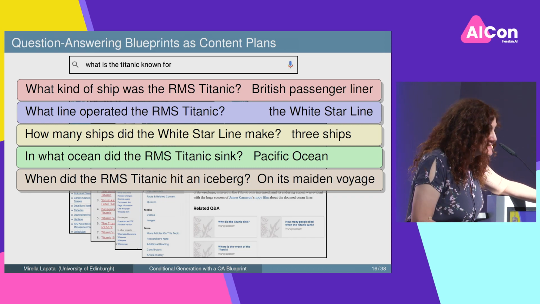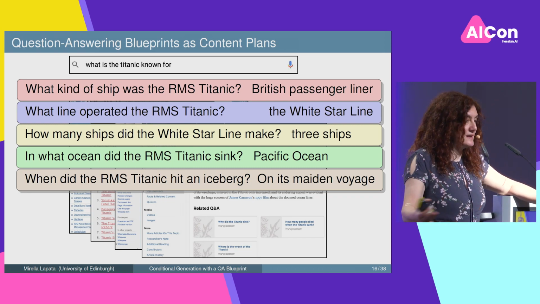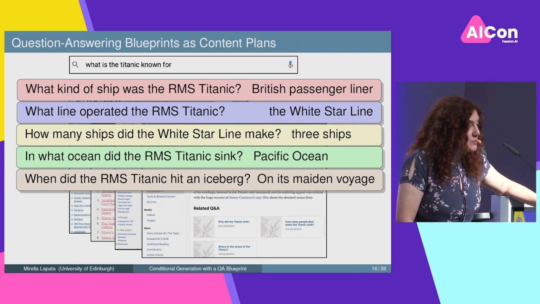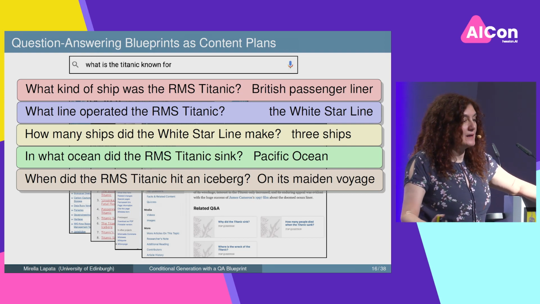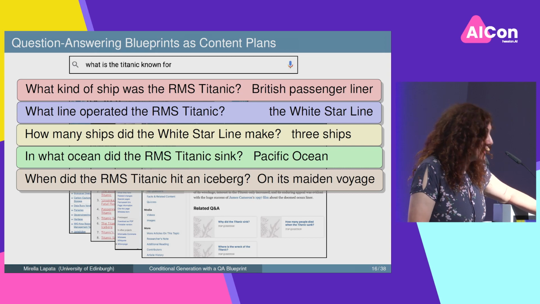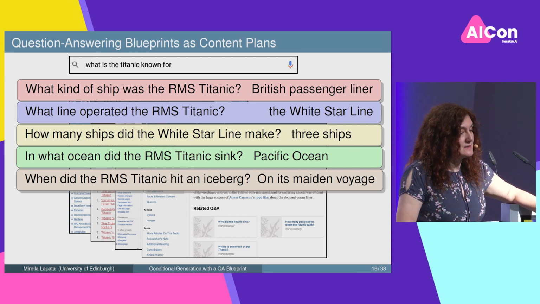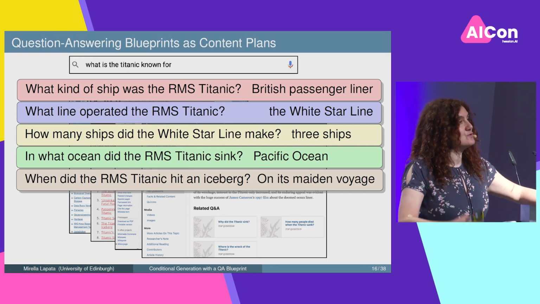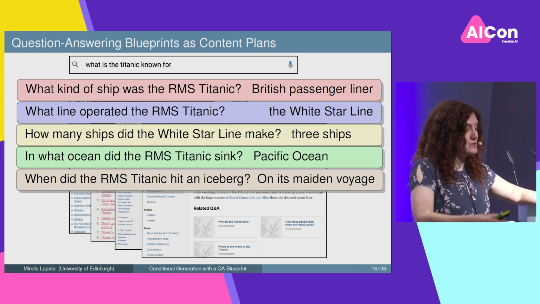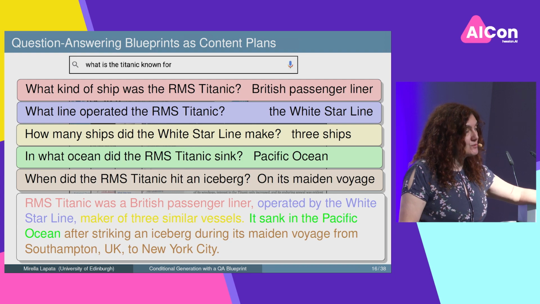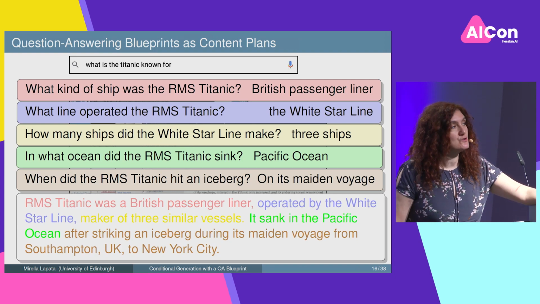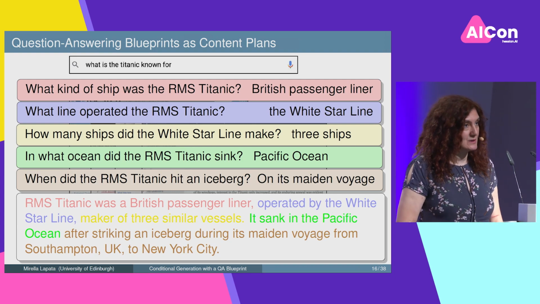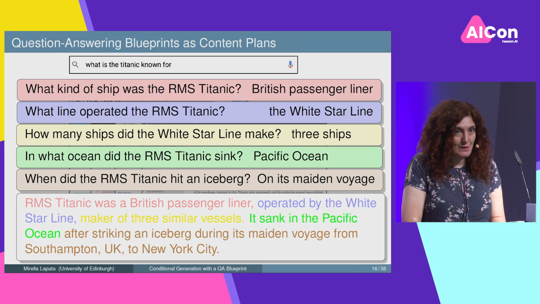So the plan for this case is: what kind of ship was the Titanic, what line operated the Titanic, how many ships did the White Star Line make, in what ocean did the Titanic sink, and when did the Titanic hit an iceberg. So you generate this plan, question-answer pairs, and then based on this plan, you move on to generate the actual summary, or in this case, the answer to the question.